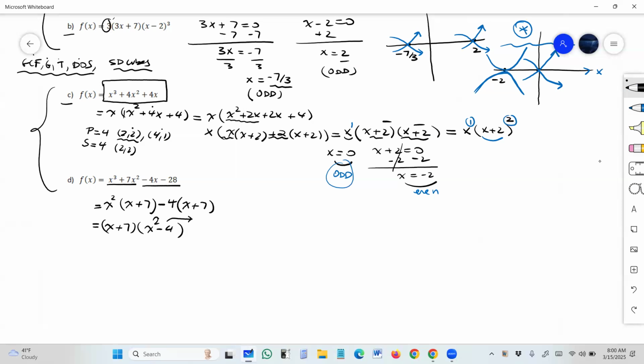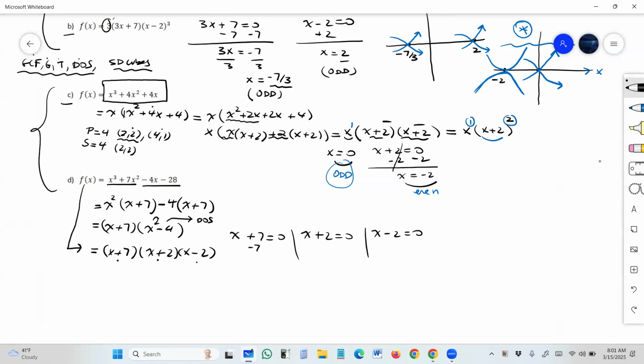And then I realize that this is a difference of squares. So as before, I factor that as x plus 2, x minus 2. So this is my polynomial fully factored. Now to find the roots, I set each factor to 0. x plus 7, x plus 2, and x minus 2.